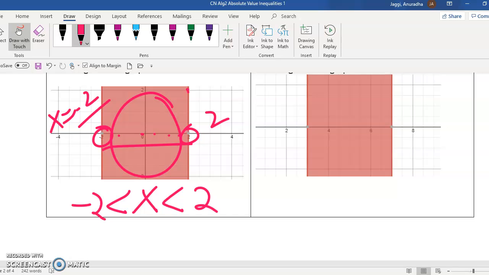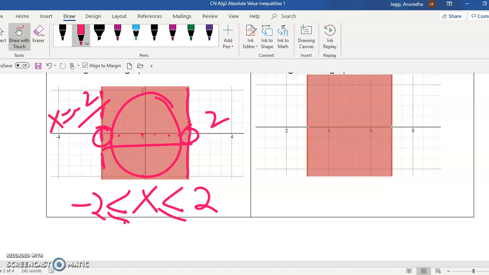But because it is a solid line, you are going to put the equal to sign. If you had seen a dotted line at the ends, then you would not put the equal to sign. But solid lines mean that number is also included.